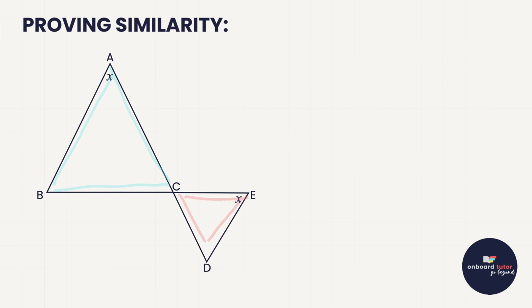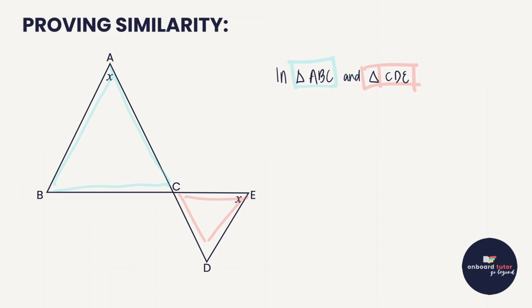The first statement that we need to make is just saying which triangles we are working in. So in triangle ABC and triangle CDE. ABC is the blue triangle, and so every statement I make needs to start with the blue triangle, and then we go over to the red triangle there.